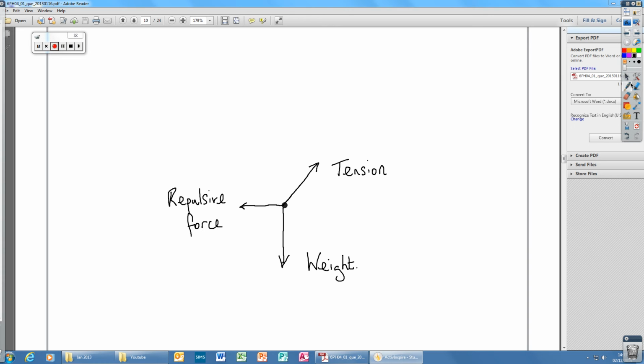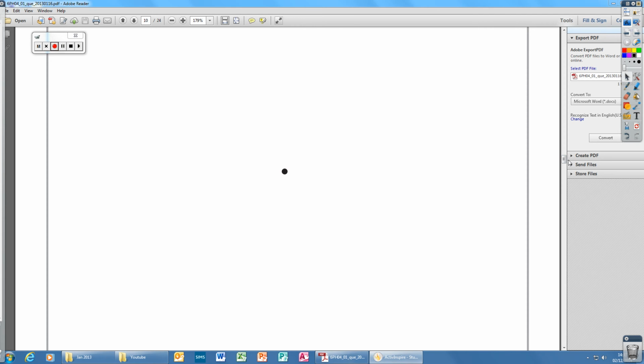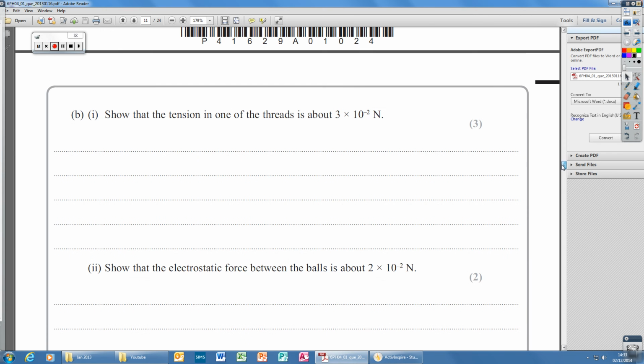Moving on, look at later parts of the question. Just get rid of that one too. Show that the tension in one of the threads is about 3 times 10 to the minus 2 newtons. What this is about is trying to use the weight and do a little bit of SOH CAH TOA work to find what the tension will be.